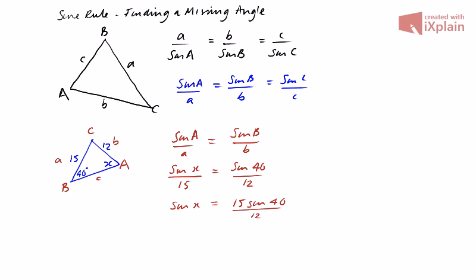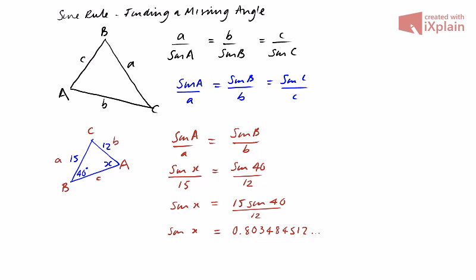If you do that, you should get that sine x equals 0.803484512 and so on. Now it's really important that you keep that in your calculator memory. You can use the answer button if you want to, but make sure you've got that as accurate as you possibly can for the next step.